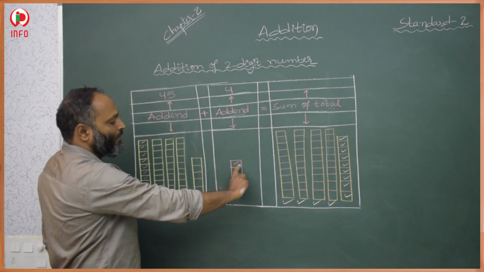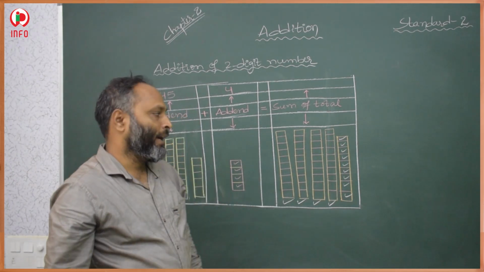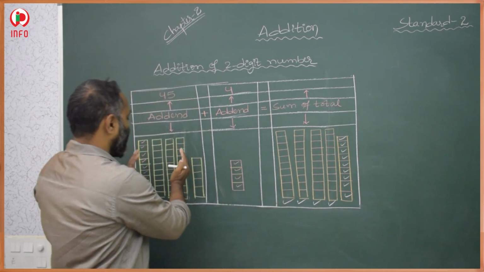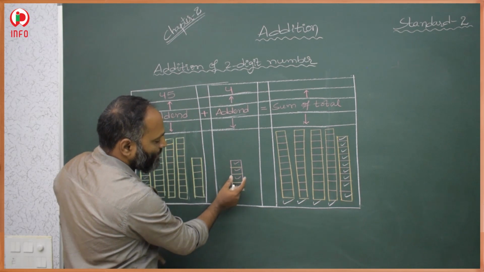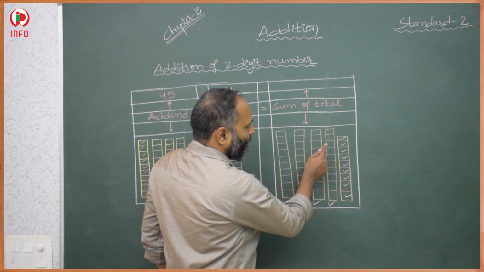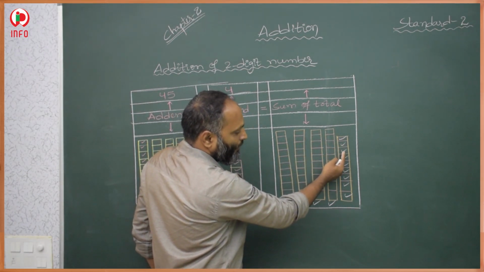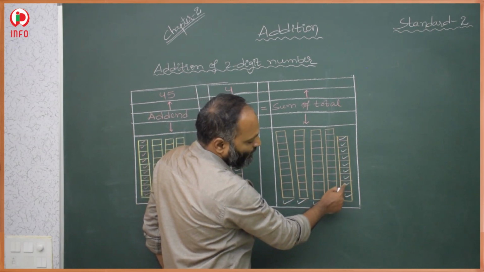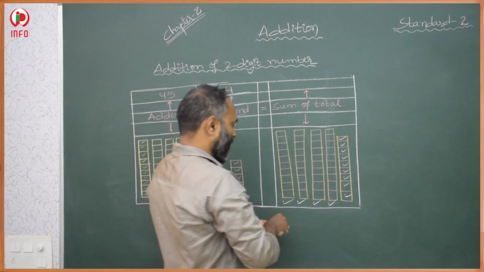So we keep this block on this block, then we get a total of 9. The 4 complete blocks stay as they are, and of these 2 incomplete blocks, one block is kept on the other block. Then we get 9 total. This complete 4 is nothing but 40, then 41, 42, 43, 44, 45, 46, 47, 48 and 49. The answer is 49.